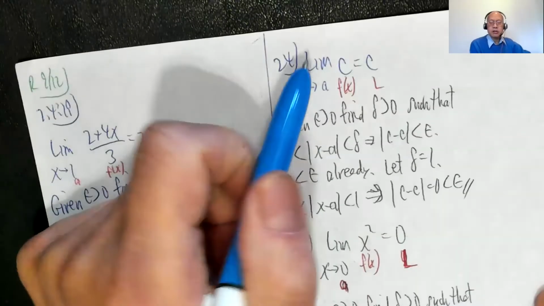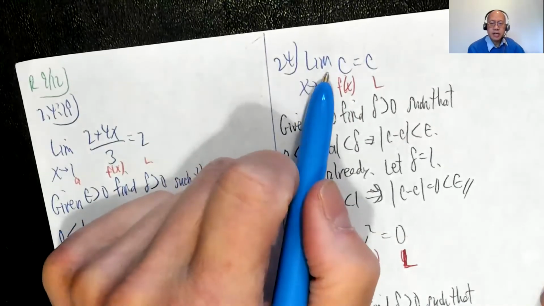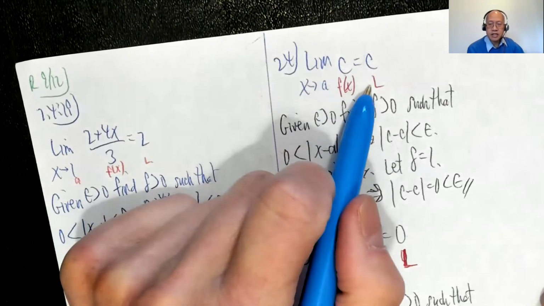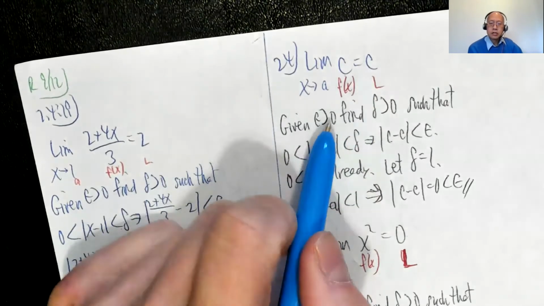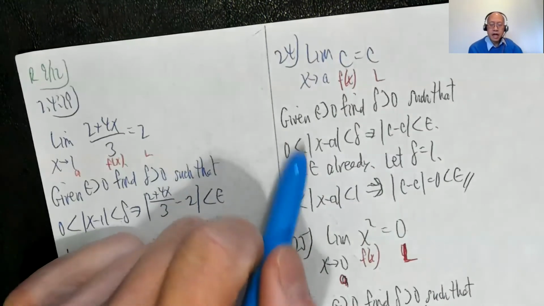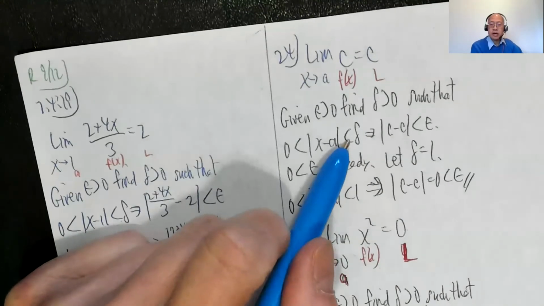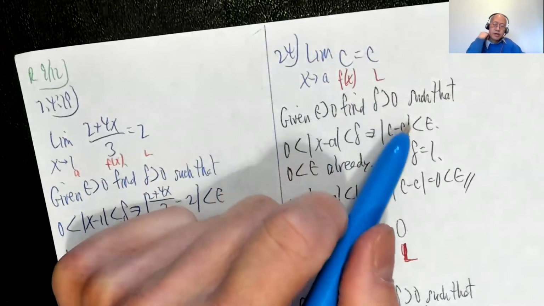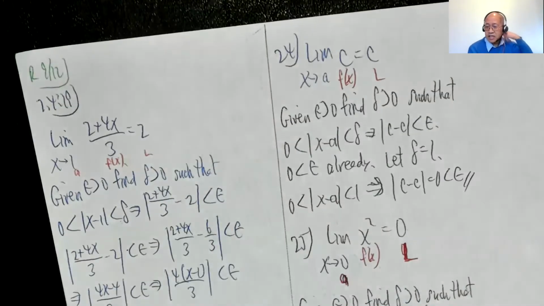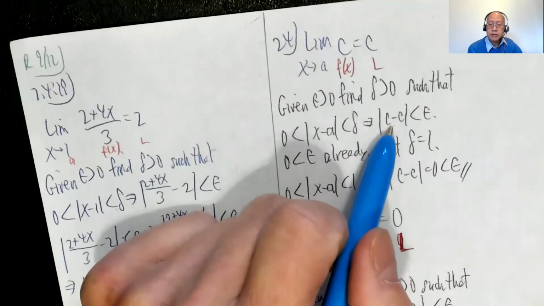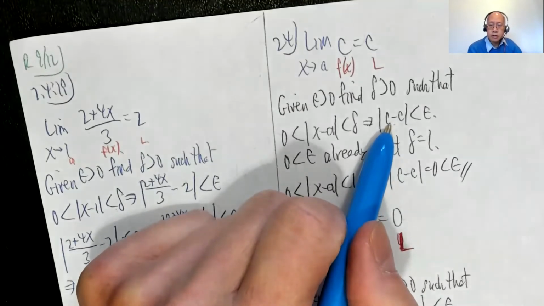24 is kind of trivial also. Limit as x approaches a of c equals c, a constant function. That's my f of x, that's my L. So given epsilon greater than 0, write all this again. So 0 less than the absolute value of x minus a is less than delta implies the absolute value of f of x minus L is less than epsilon. Well, f of x is c, L is also c. So I have the absolute value of 0, which is 0.